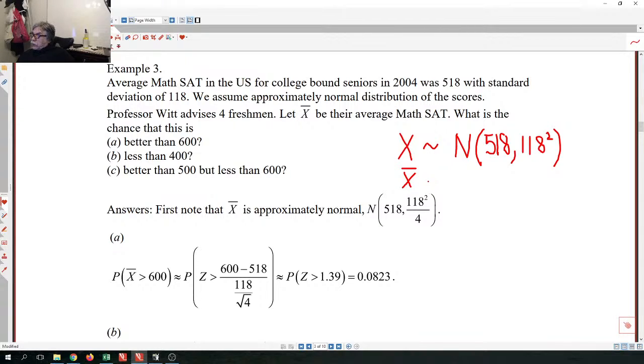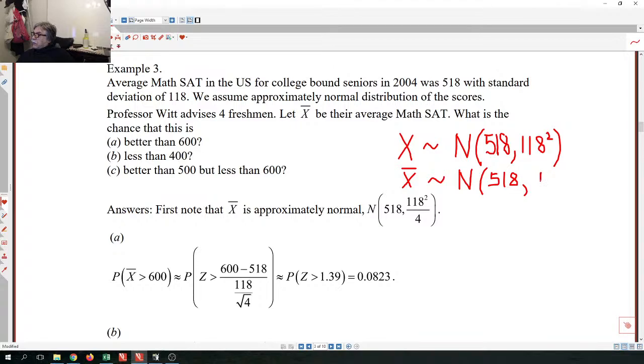According to the central limit theorem, fact A, so we said this is not really the central limit theorem, but it's a very similar statement, and we put that as a part of the central limit theorem, this should also be distributed approximately normal. It would have the same mean, which is 518. So if you take a random group of 4 students, their average math SAT would be expected to be around 518.